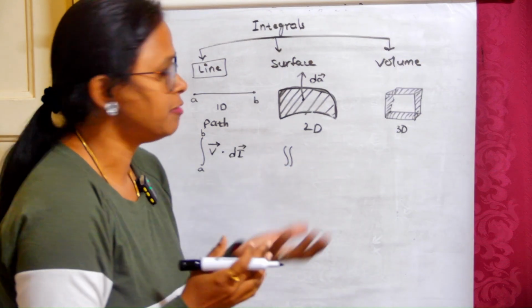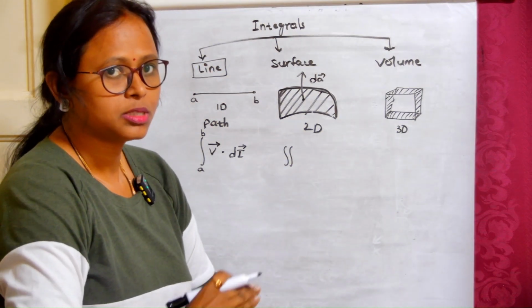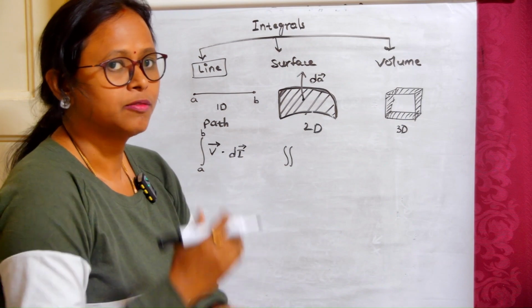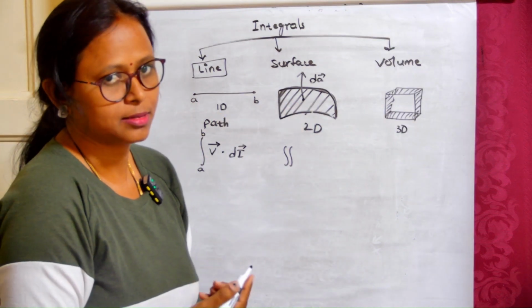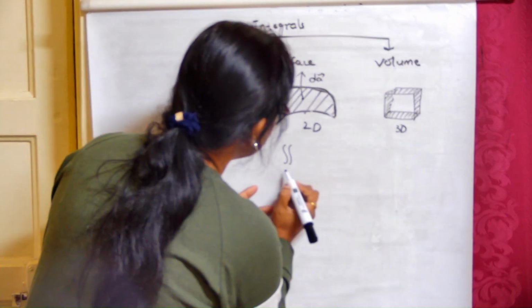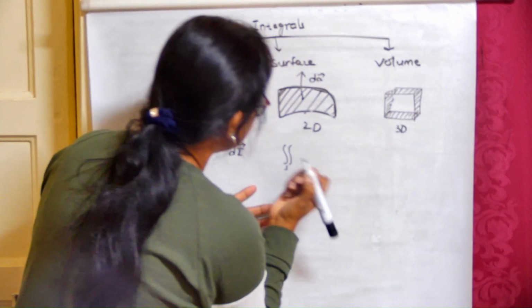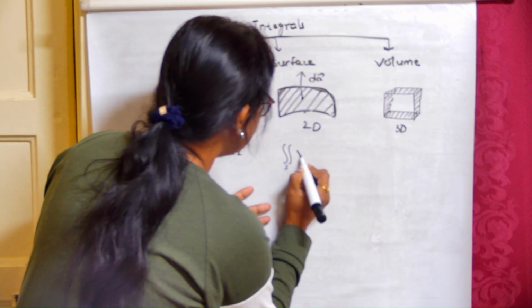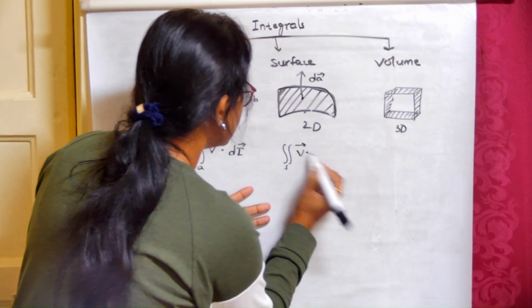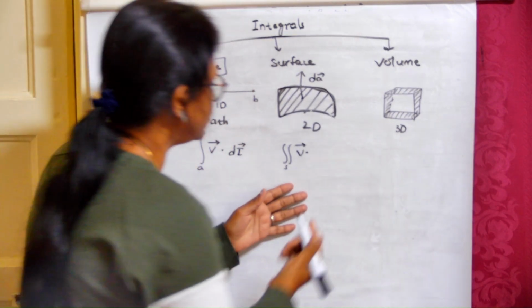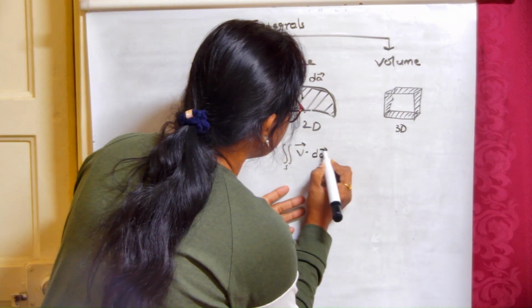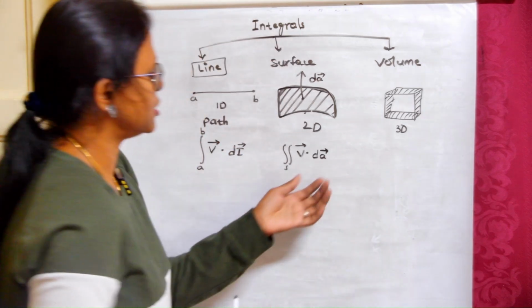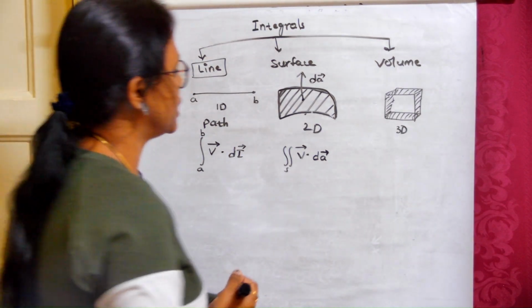That means if we have a surface which lies in the YZ plane, the surface area direction will be along the x-axis. So this is the surface integral, and we are considering the same vector field V bar. We are going to integrate it with respect to this surface area.